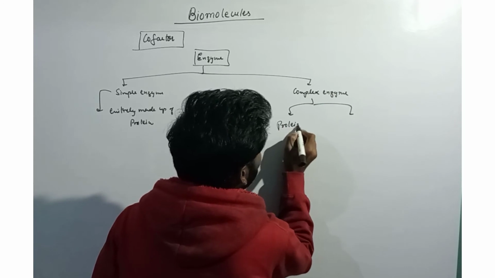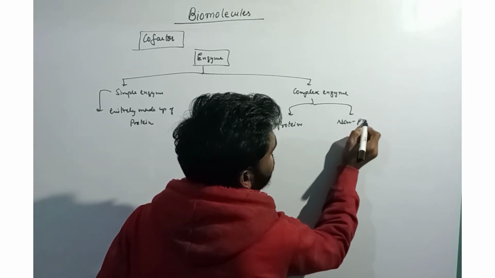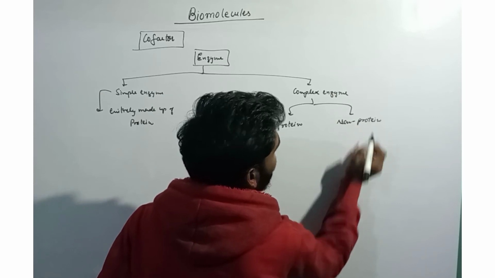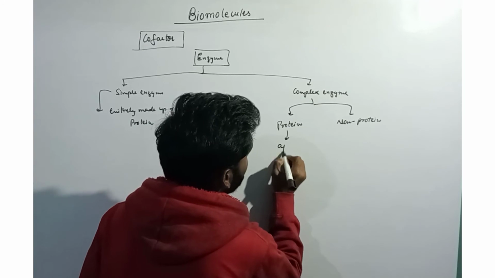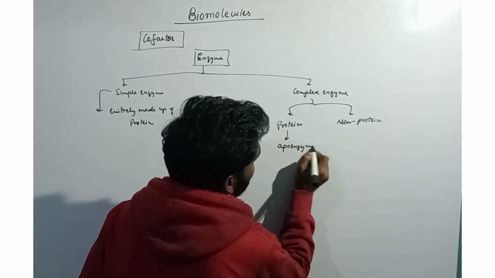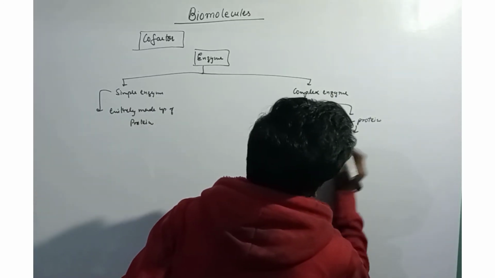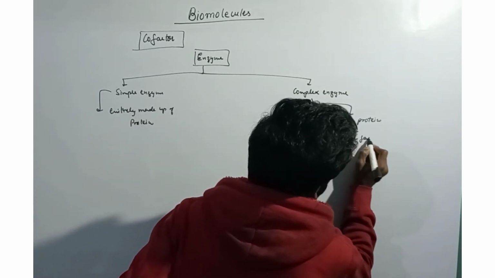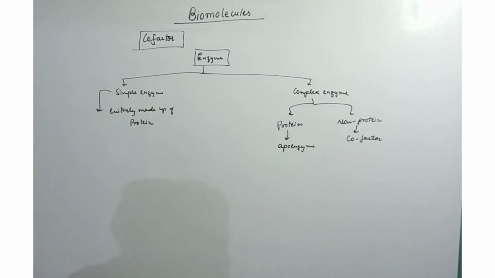It contains a protein as well as a non-protein part. The protein part is called apoenzyme, and the non-protein part is called cofactor.